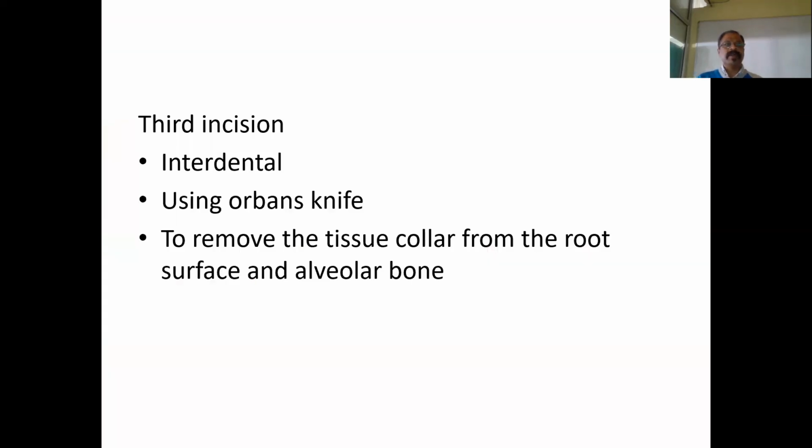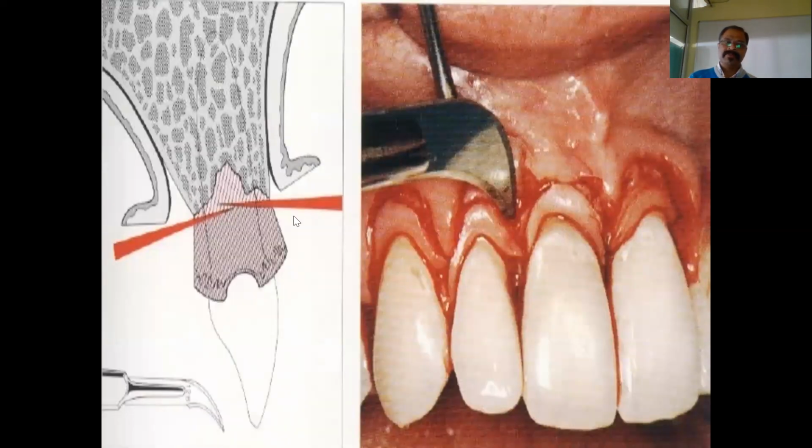The third one is called the interdental incision. Basically, this is used with an Orban's knife. Once you use this Orban's knife, it removes the collar from the root surface or from the alveolar bone. When you see here, this is your collar.